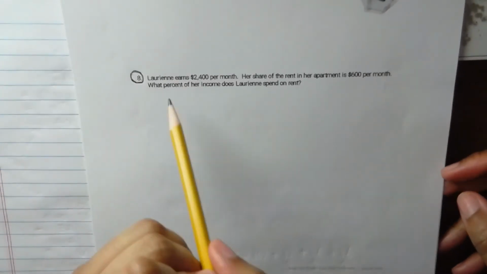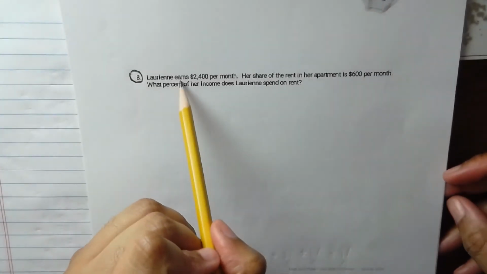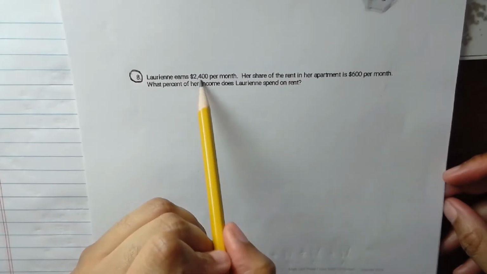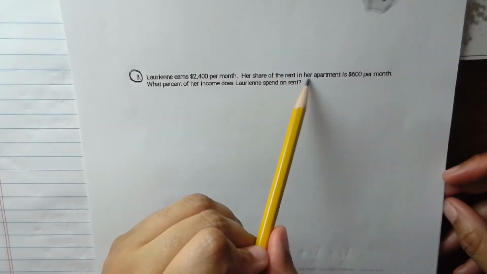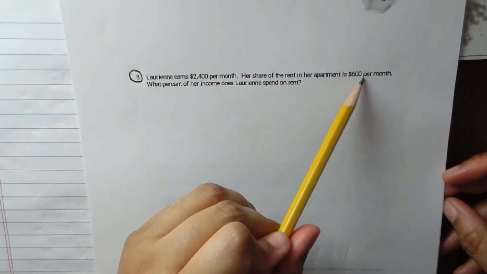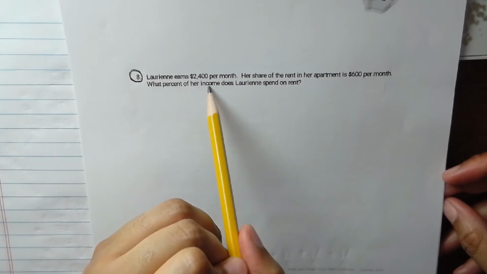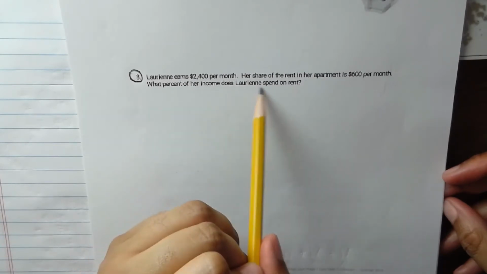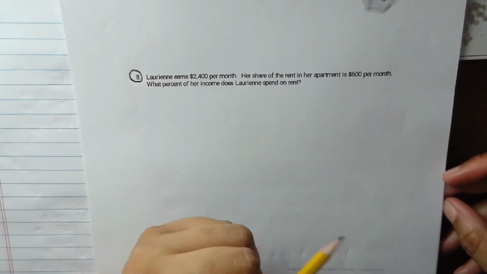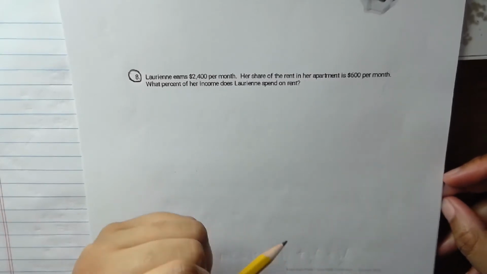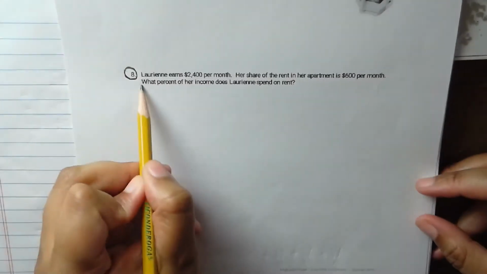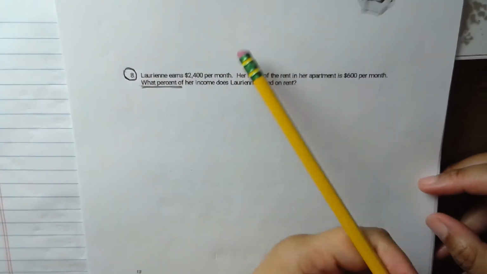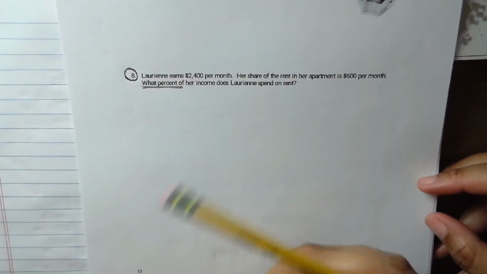So question 8 says Laureen earns $2,400 per month. Her share of the rent in her apartment is $600 per month. What percent of her income does Laureen spend on rent? This question is interesting, because now they don't give us the percent. They're asking us what the percent is, but they give us the amount of that percent.